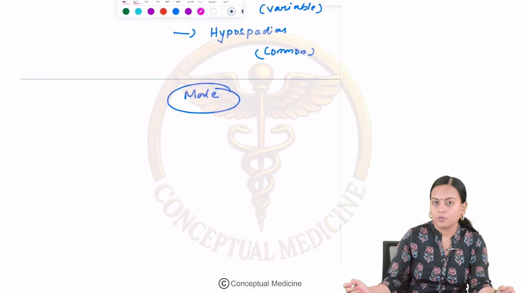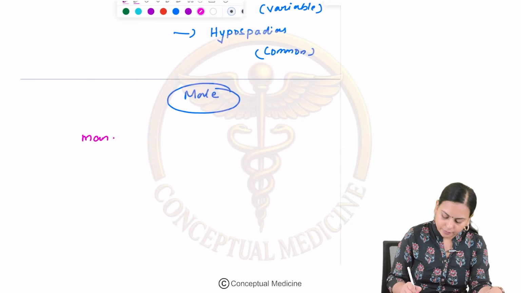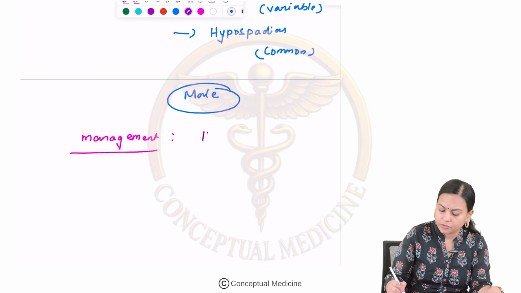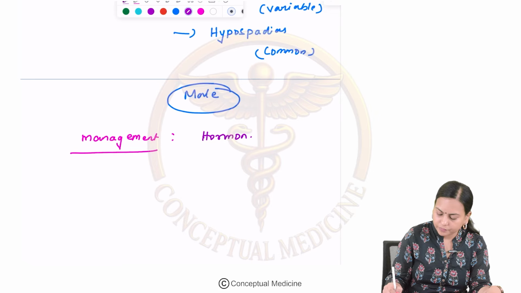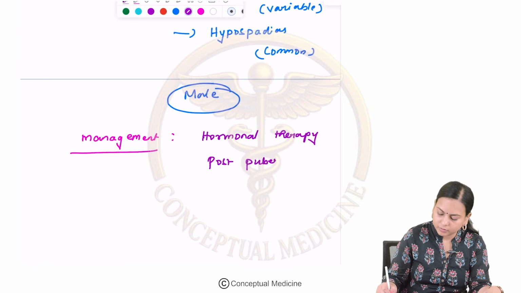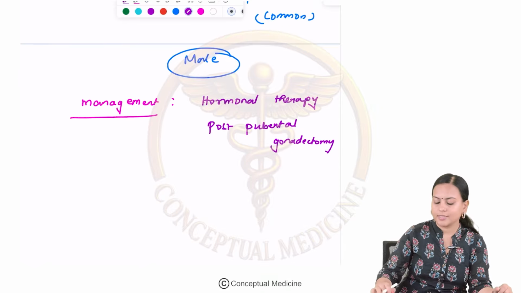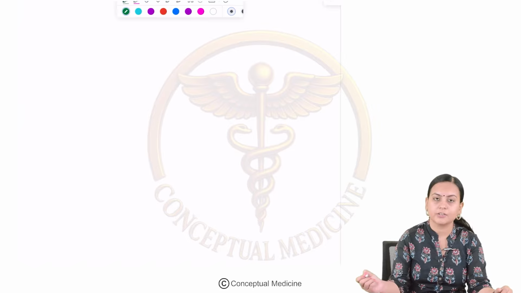Okay, so management of these people will usually consist of hormonal therapy and then post pubertal gonadectomy. Clear?